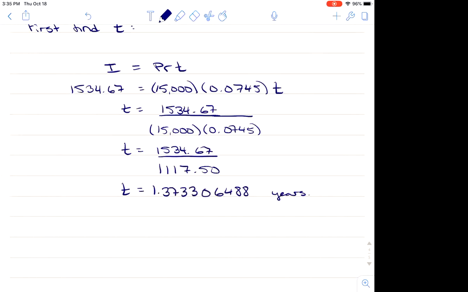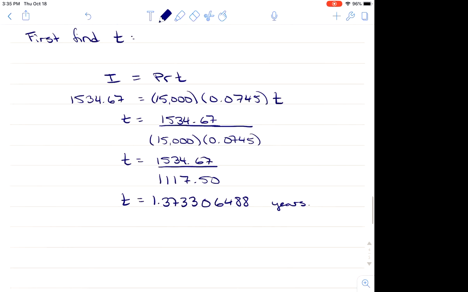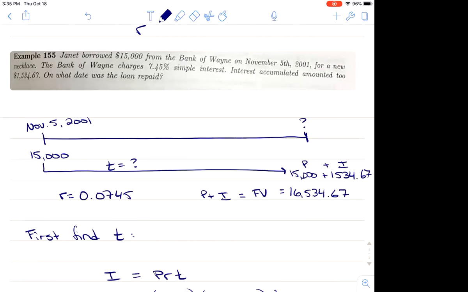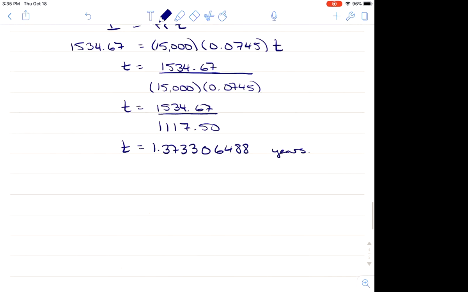It's hard to know what 0.373306488 of a year is, so we need to convert this to the number of days, because we want to know on what date she repaid this loan.